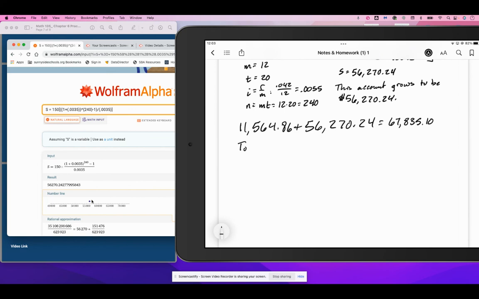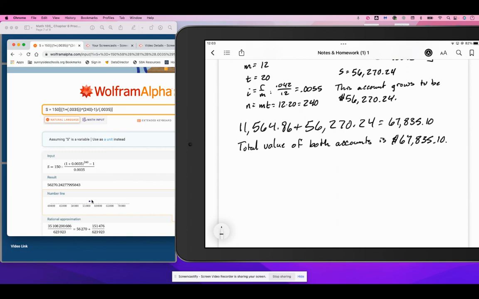So total value of both accounts is $67,835.10.